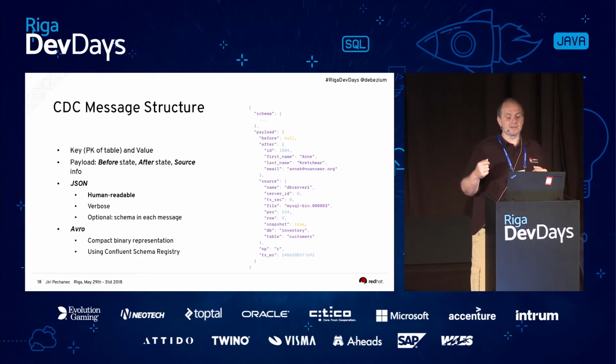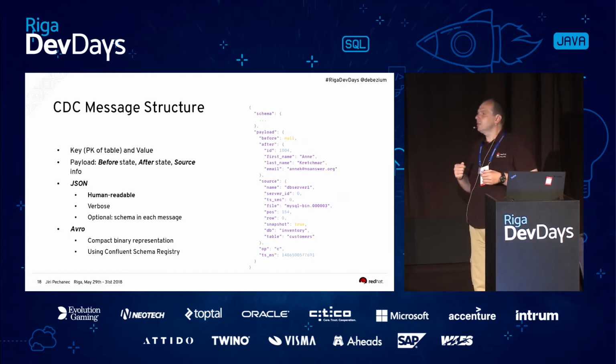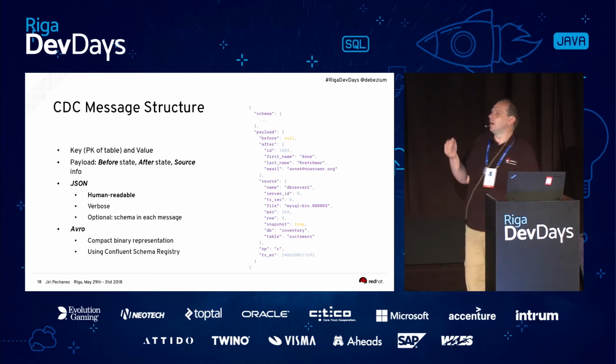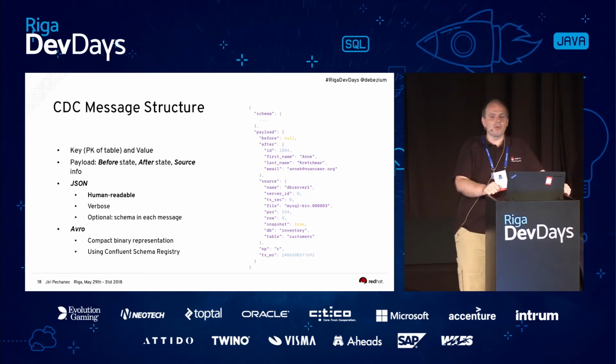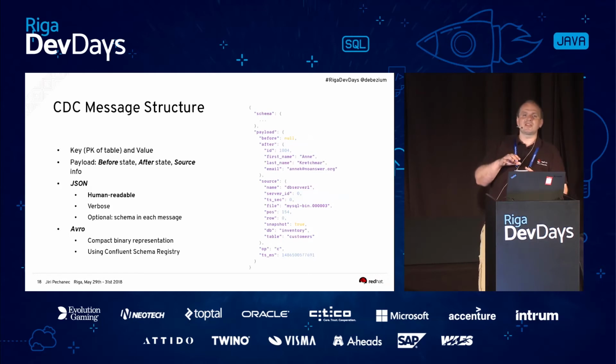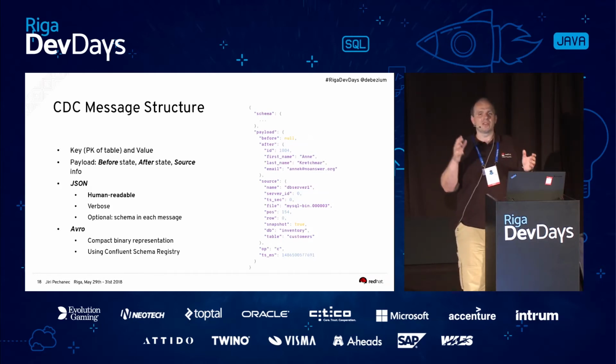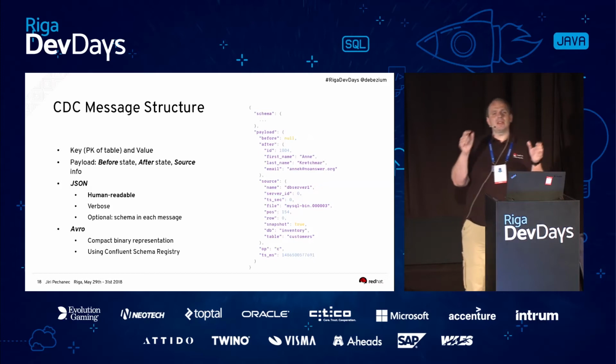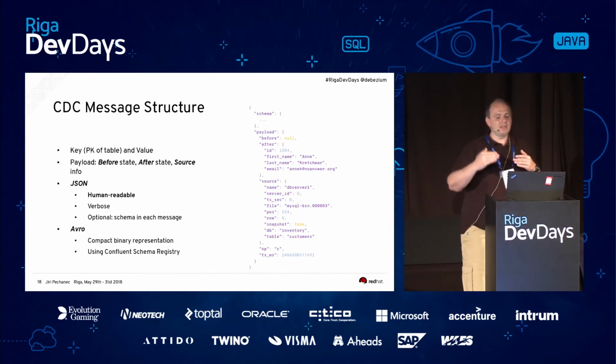fields. The second option is using the Avro converter. Avro is an Apache Avro project. This allows us to convert the message into a very efficient, compact, and small binary representation that is also related to the schema.